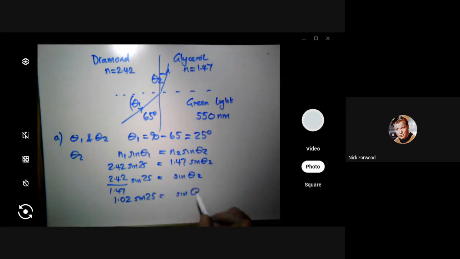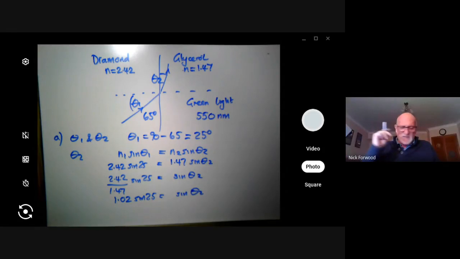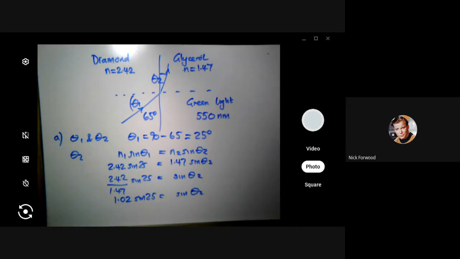Sine theta 2 times 1.47. No, not times 1.47. Already dealt with the 1.47. What am I talking about? I've just not done that right at all. I've missed a step in my calculation.